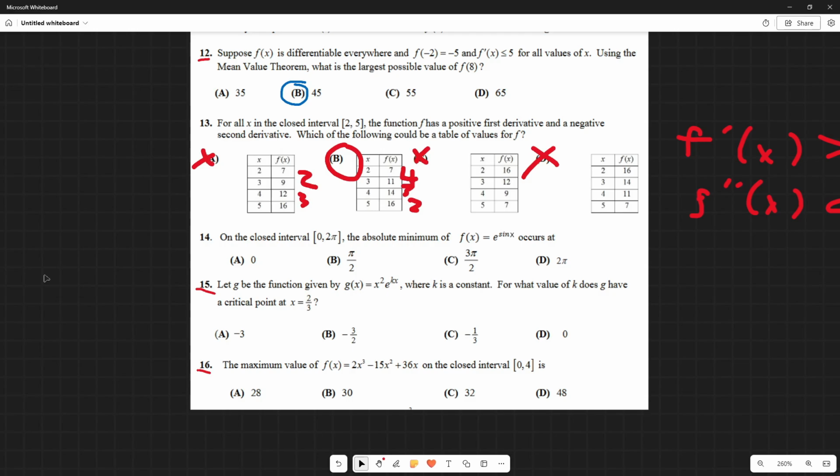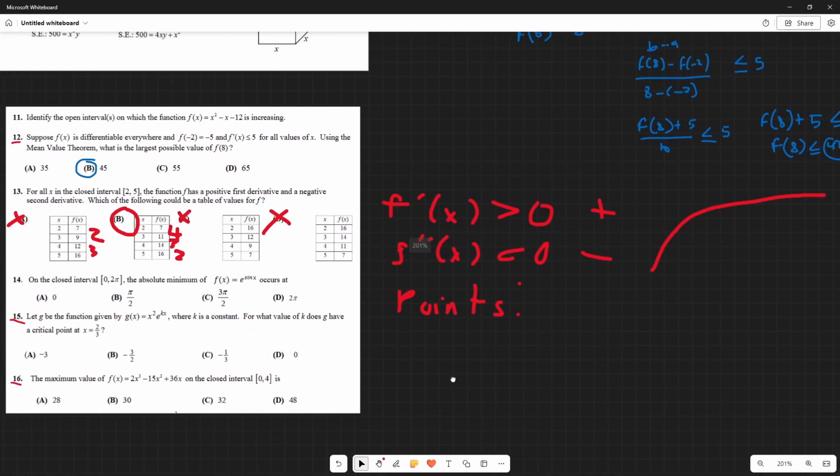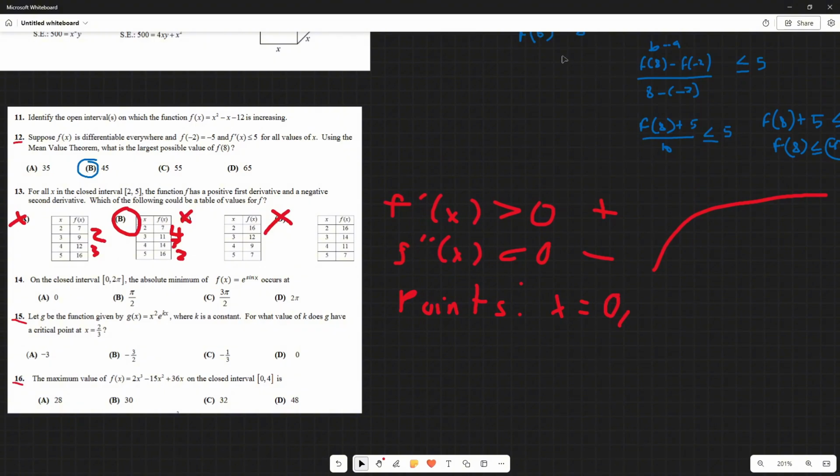In a closed interval, we need to check our endpoints, right? So let's write some points we need to check. So when x equals 0, and then when x equals 2 pi, right?